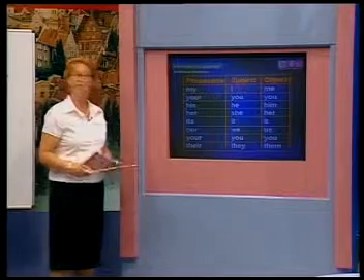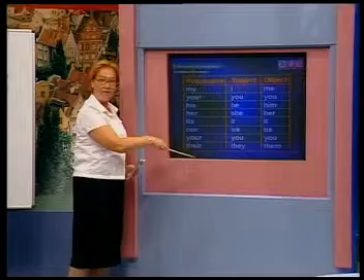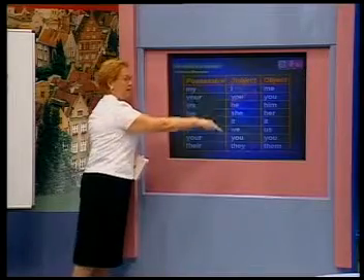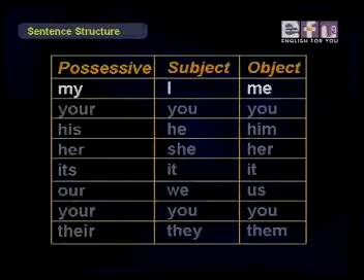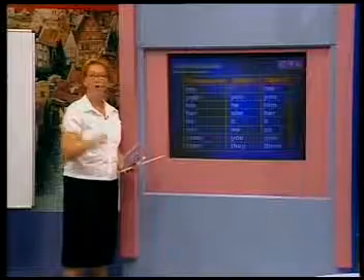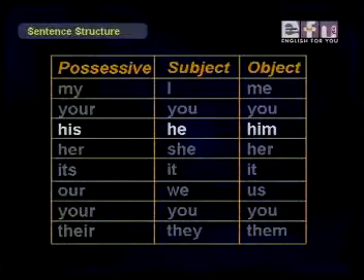These are three of the pronouns. So listen to the sounds. We have possessive, subject, and object. My, I, me. Your, you, you. His, he, him.